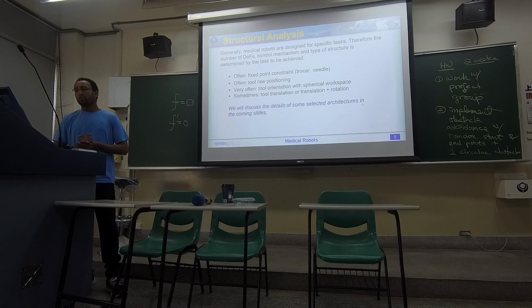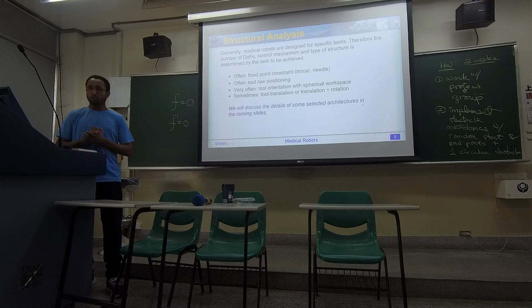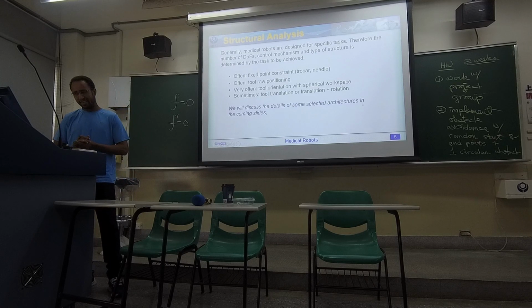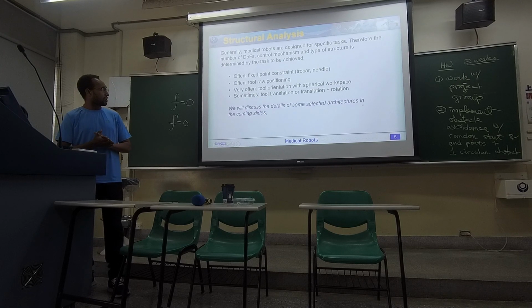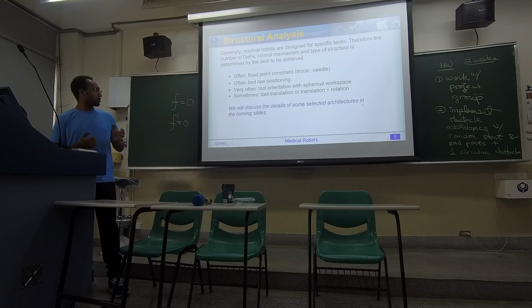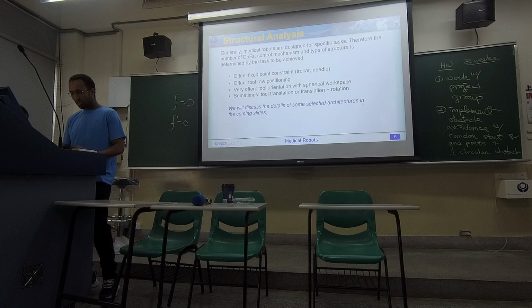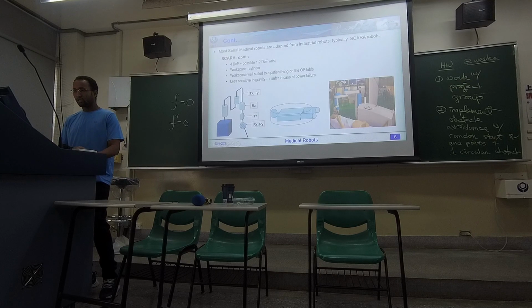Very often tool orientation with spherical workspaces is available, and sometimes tool translation or translation plus rotation. So to be more specific, let's see some selected architectures in the coming slides.